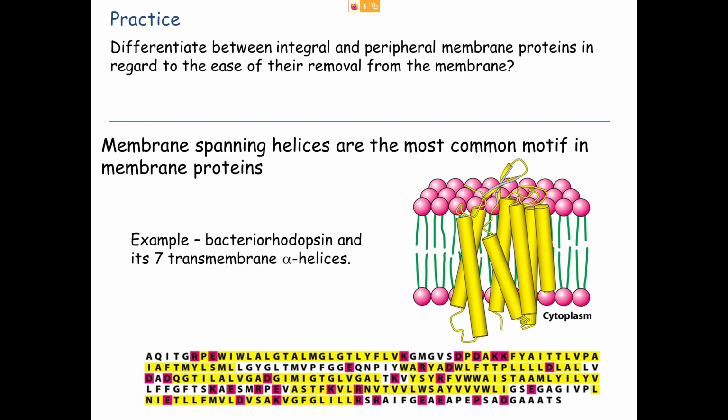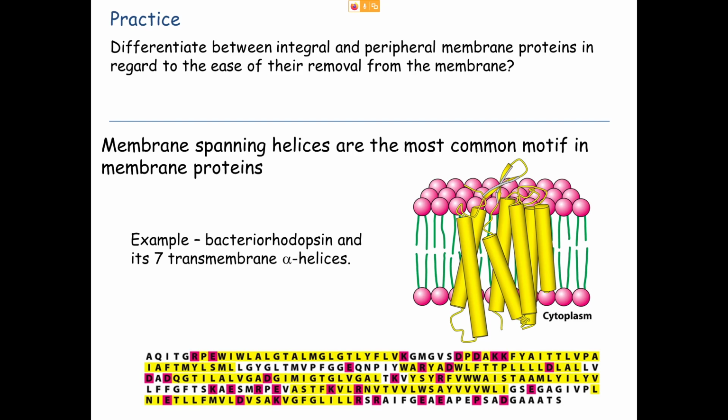There are long stretches of hydrophobic amino acids. Right now, everyone in yellow is not necessarily a completely hydrophobic amino acid. I agree. We see lots of threonines in there, but those are interacting with the other alpha helices. So what we're really looking for is a stretch of non-charged amino acids. No lysines, no arginines, no aspartic and glutamic acids, things like that.